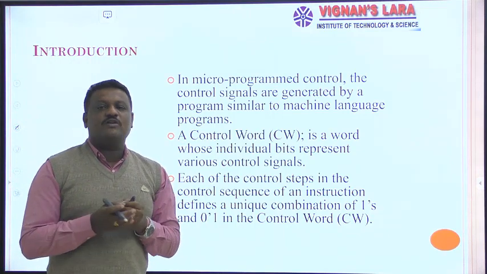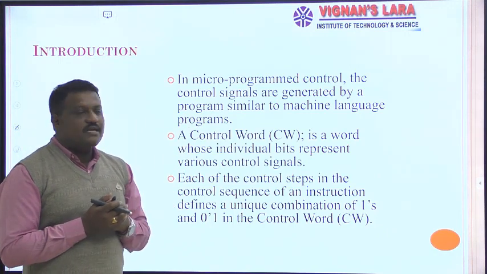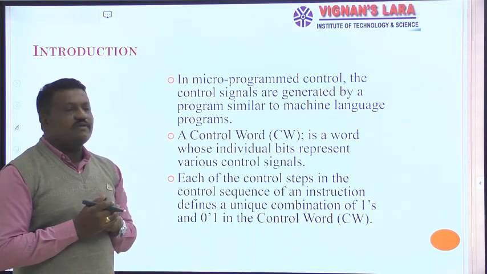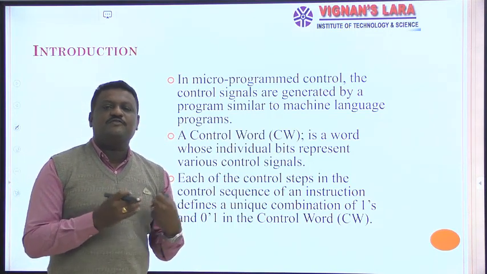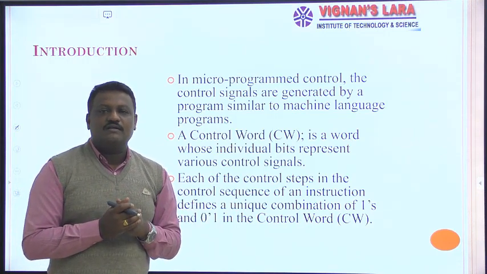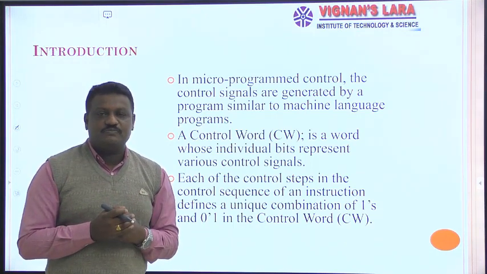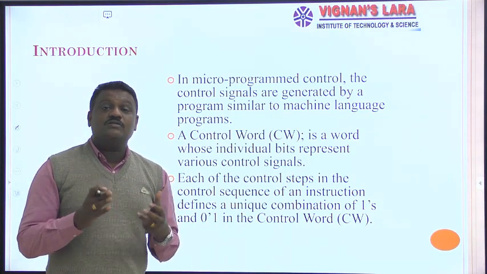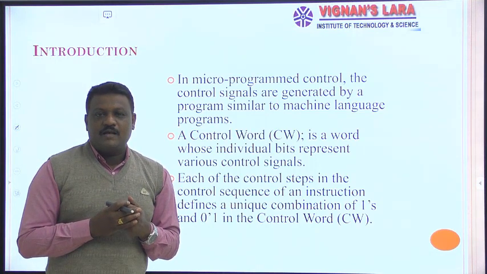In this microprogrammed control unit, the control signals are generated by a program which is similar to our machine language programs. The meaning of this is, in the previous control unit design, that is the hardwired control unit, the control signals are generated by dedicated hardware circuits. But in the microprogrammed control unit, the control signals are generated by execution of microinstructions.